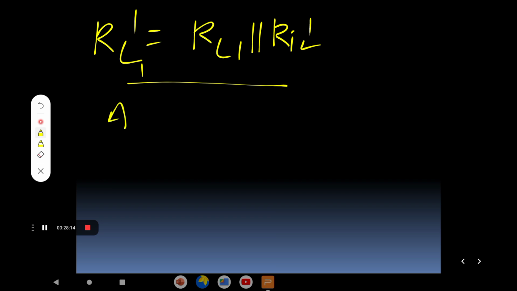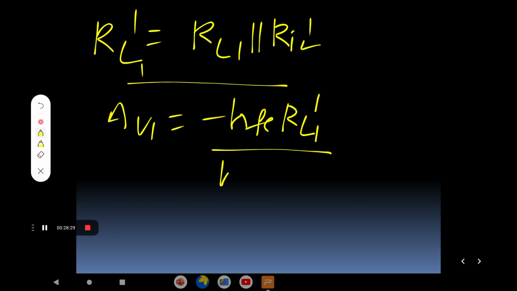At the same time, AV1, the voltage gain of the first stage, is equal to minus HFE into RL1 dash. That means the load resistance of the first stage, the resultant value, divided by HIE, obviously in the given problem HIE plus 1 plus HFE into RE.